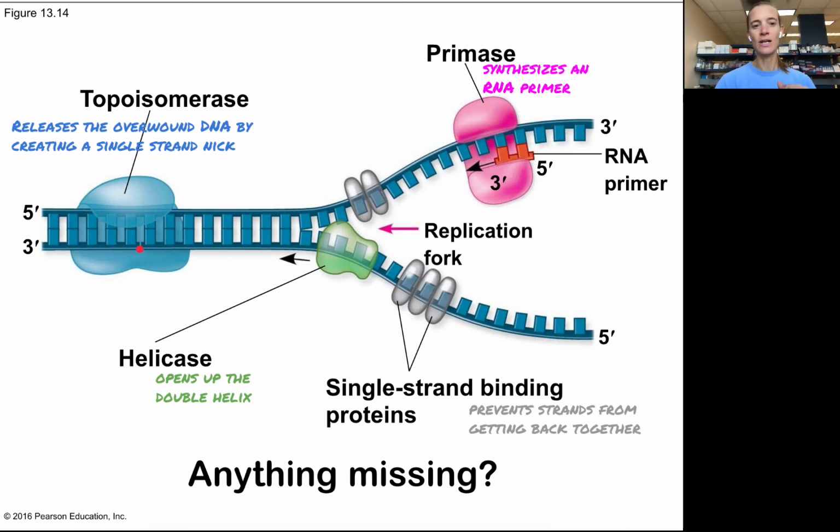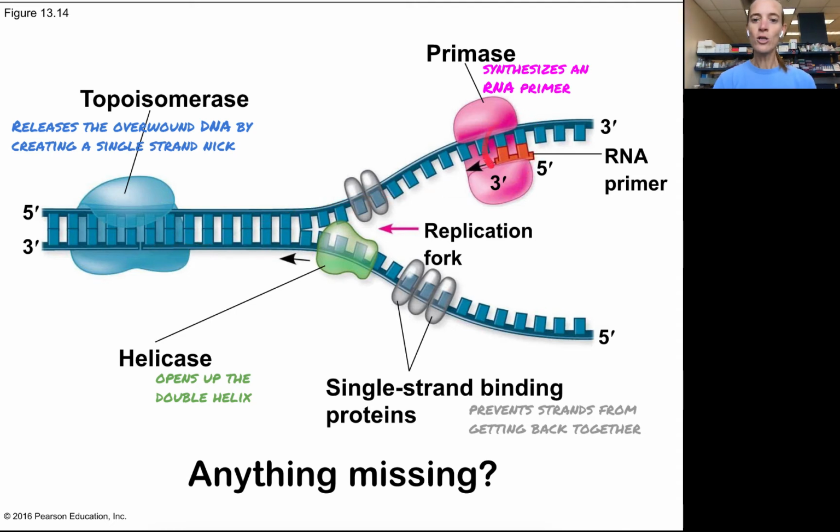This topoisomerase is going to change the overwound structure of the DNA and bring it back to its original structure, where you have a certain number of helix turns per nanometer, so that it's not overturned. That's the topoisomerase. It's going to release the overwound DNA by creating a single strand nick, releasing that strand, and then linking that nick back together.